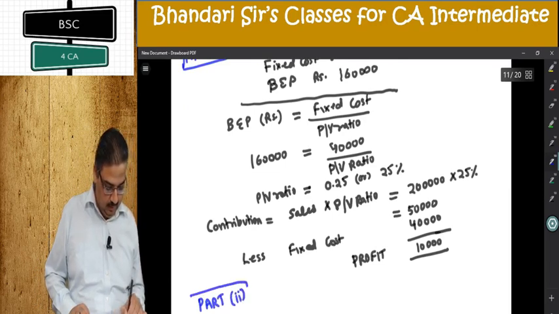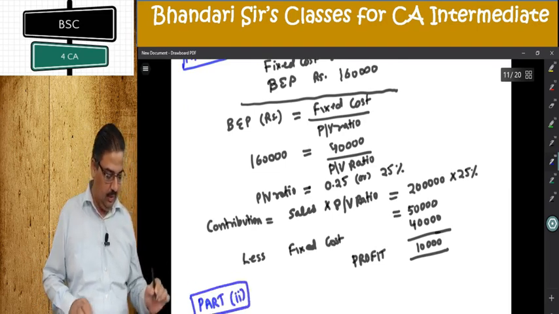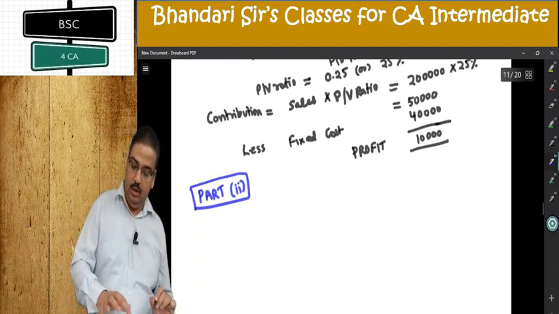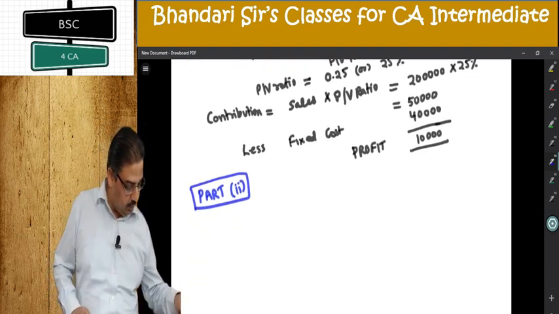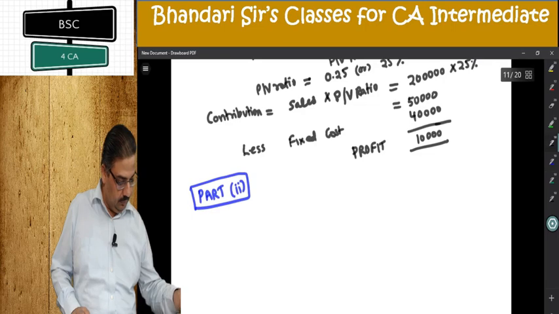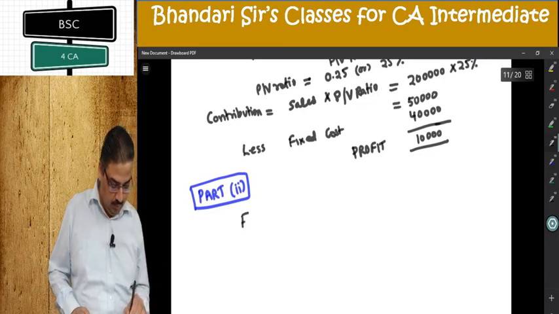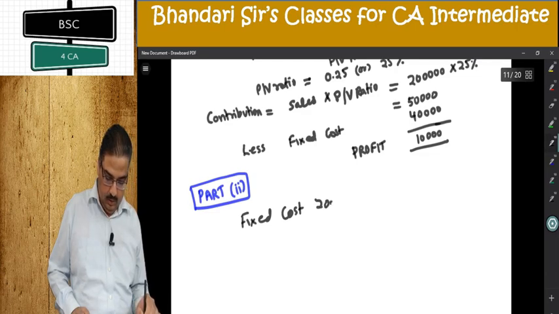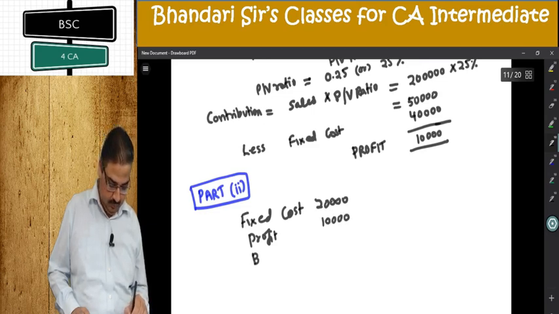Independent part, nothing to be taken from first part data. You are given fixed cost 20,000. Profit given 10,000. Break-even point given 40,000.